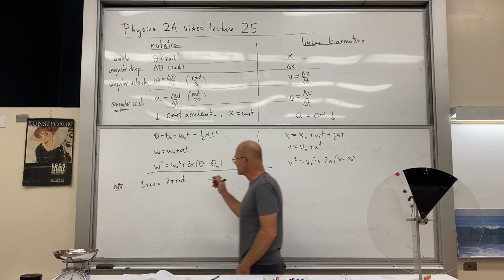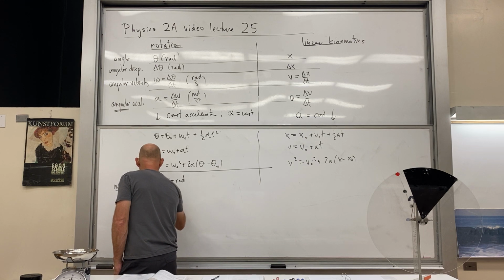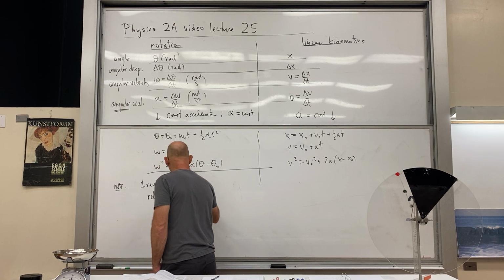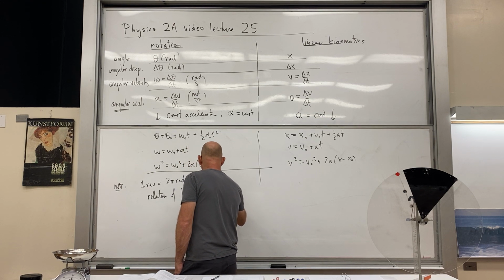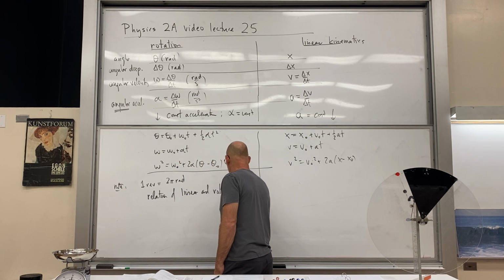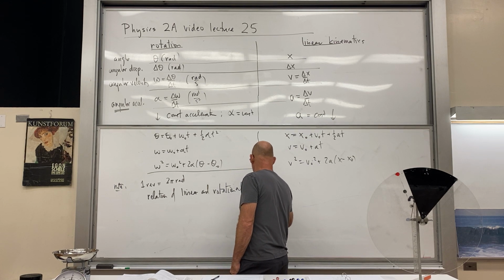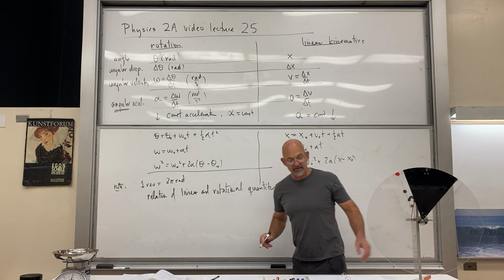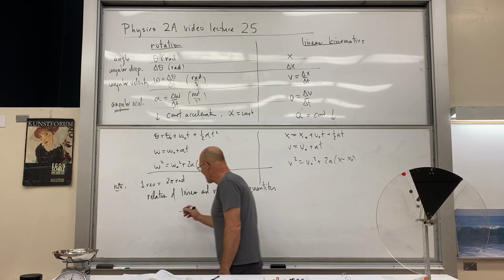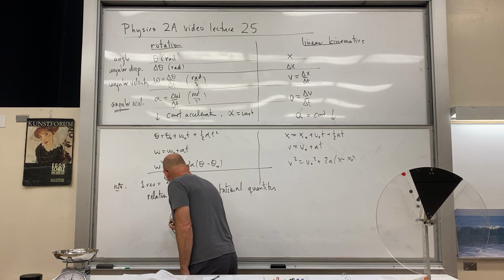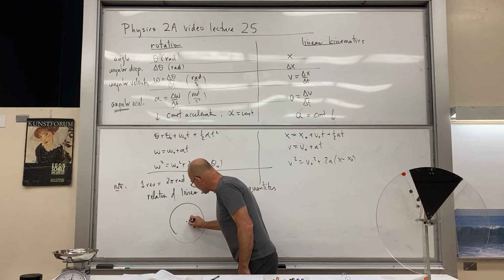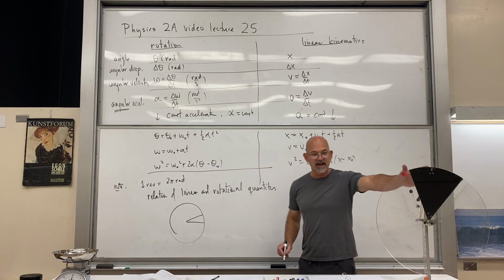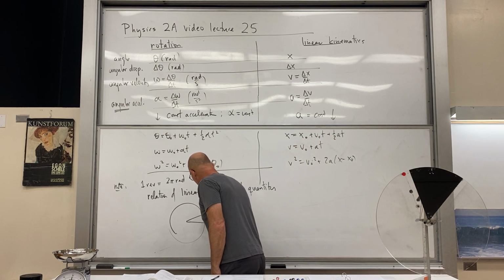So what we're asking about is the relation of linear and rotational quantities. And this actually comes right out of their definitions. So let's imagine we've got a wheel here rotating about this axis, and I'm going to draw this kind of like that slice I have right there, but I have an S and a theta.